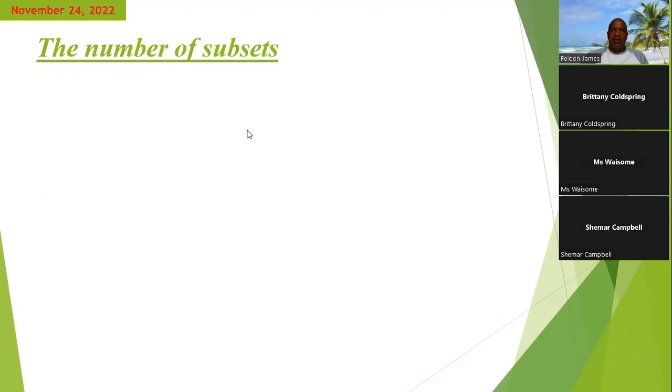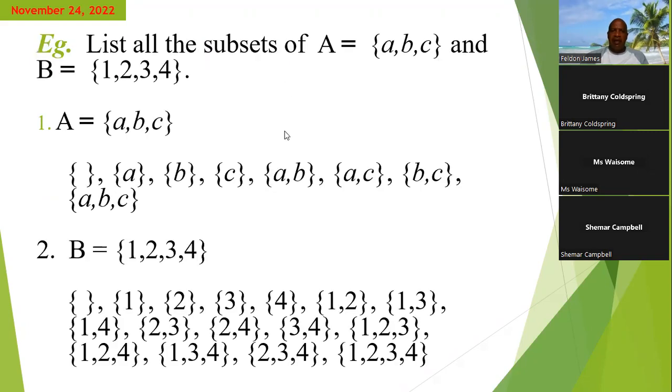So what we're going to look at next is the number of subsets. Now, in the previous listing, when we listed these subsets, you would have realized that for A, if you count the number of subsets, how many do you get from the set A?